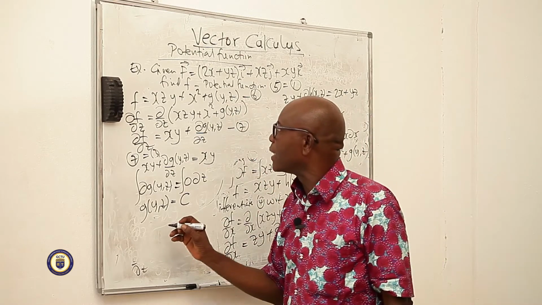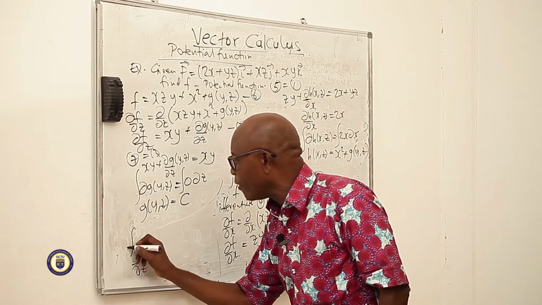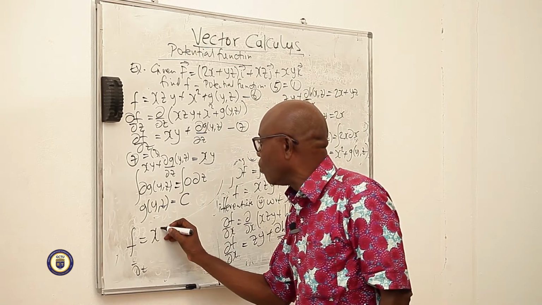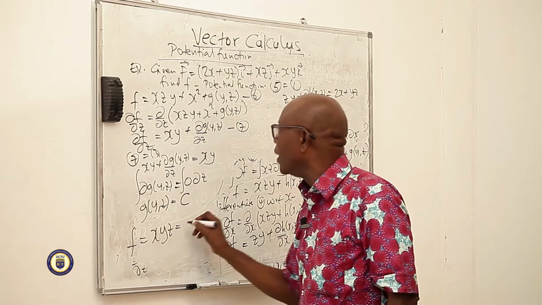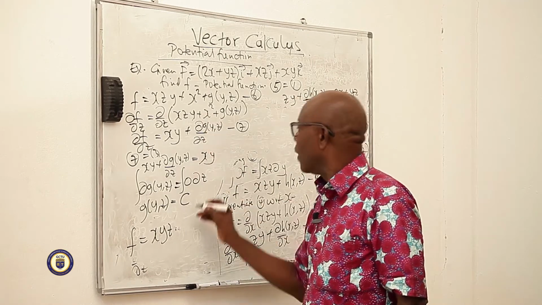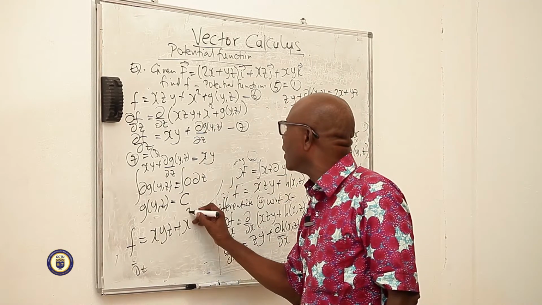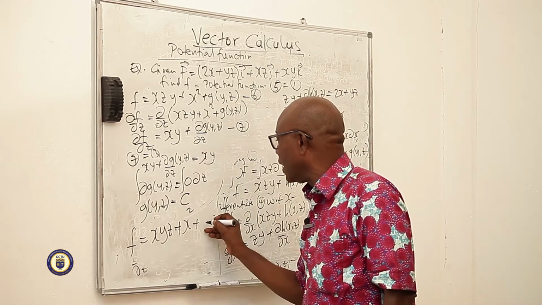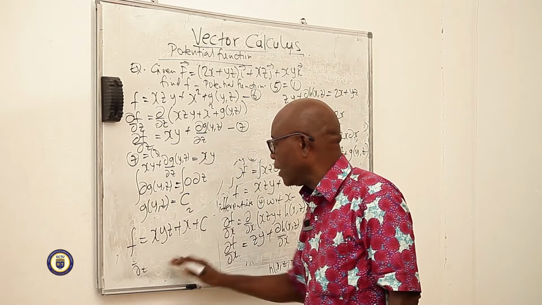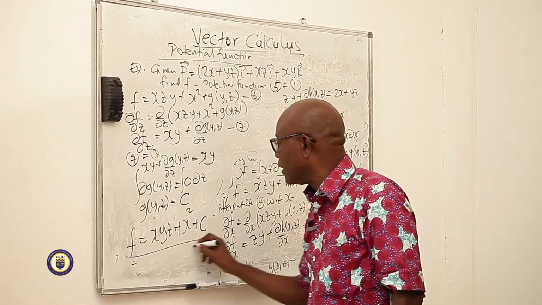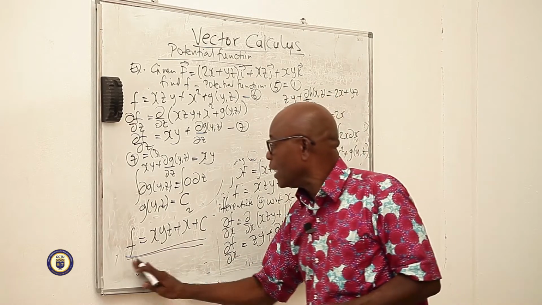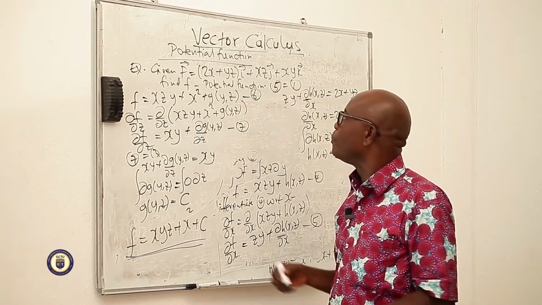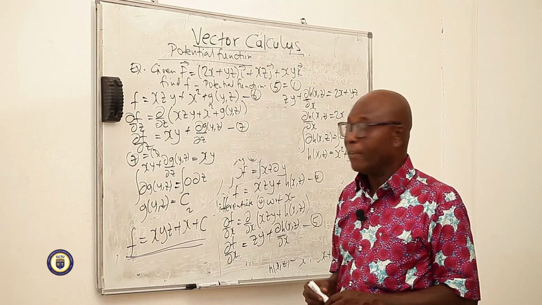So it means that our f will give us xyz, if you put it that way, plus x squared plus g of y and z. That gives us a constant of integration. And so this gives us the potential function of the given conservative vector function.